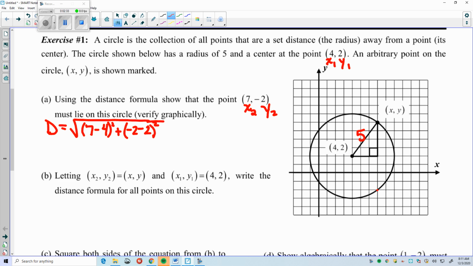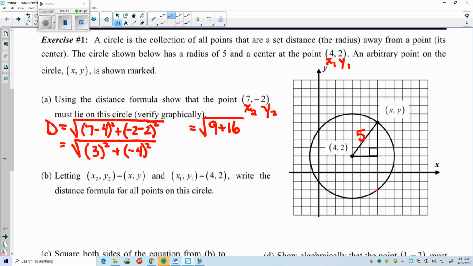Okay? By order of operations, we want to simplify inside the parentheses first. So that's going to get us 3 squared. Over here, if we simplify, that gets us a -4 squared. If we keep simplifying, 3 squared, we get 9. -4 squared, we get a positive 16.